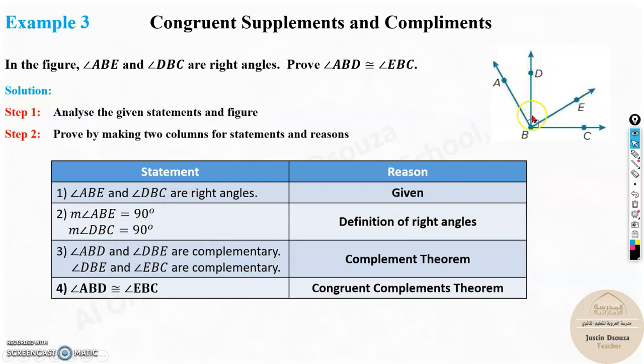That means if we know this is 90 degrees, then whatever angles are in between will be complementary. And then from the congruent complements theorem, we can say if the same angle is overlapping, then the remaining two angles will be congruent. This sign is congruency. So that means ABD and EBC are the same.